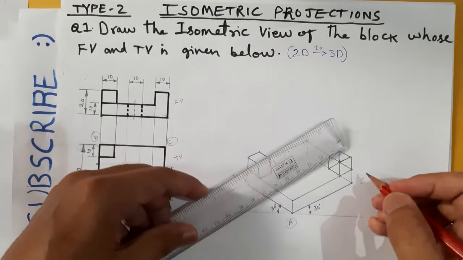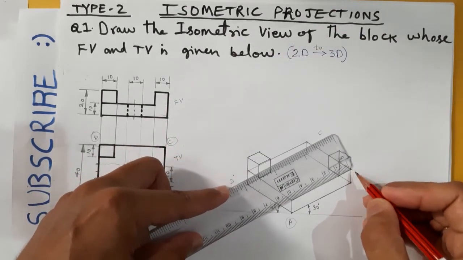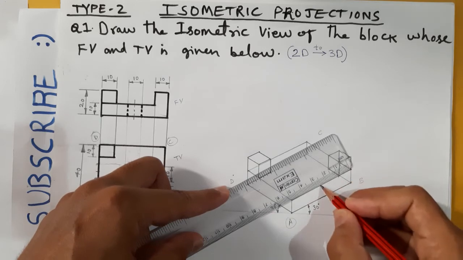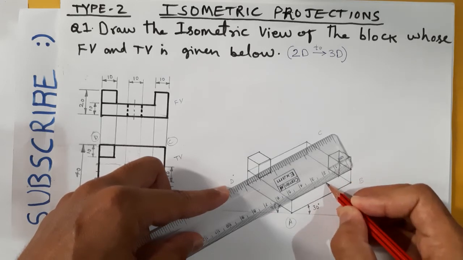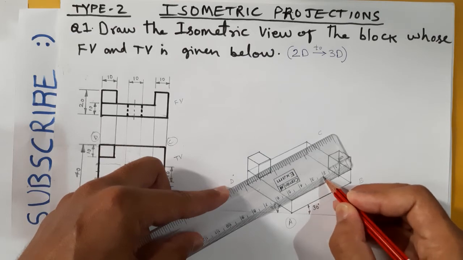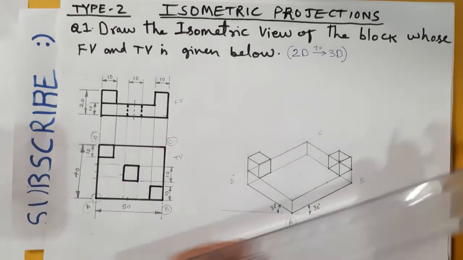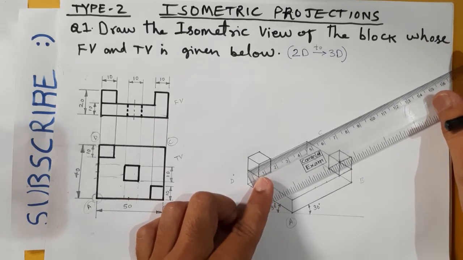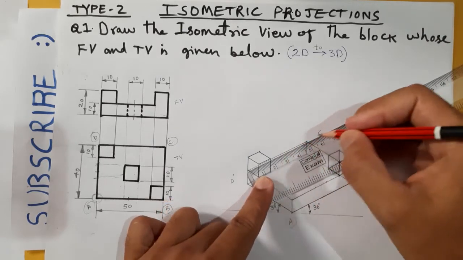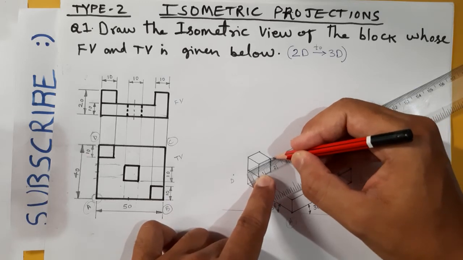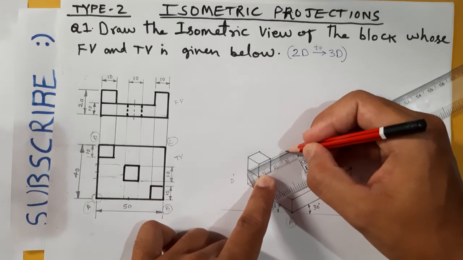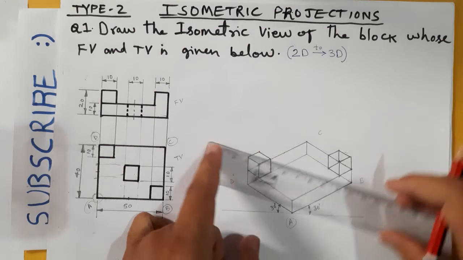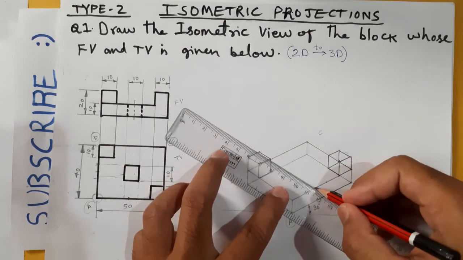Let us see in this. So total width how much? 50, as you can see here. So 25 will be the midpoint, 5 mm here, 5 mm here. So this is here to here 10 mm. Okay, then same way I will do here also. Total 50, center will be here, 5 mm here, 5 mm here. So draw with thin lines.